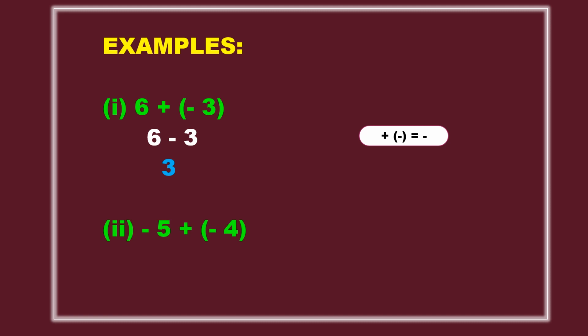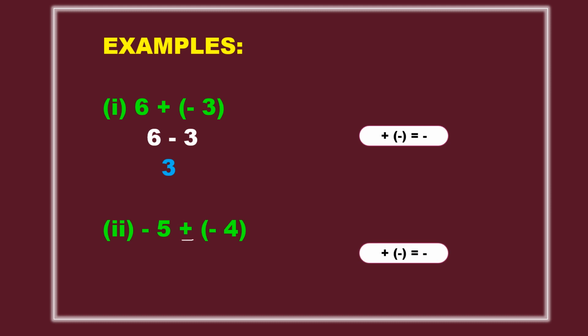Minus 5 plus of minus 4. Okay, again I am reading. See here: minus 5 plus of minus 4. So here we have the brackets in between the symbols. Whenever we have brackets between the symbols, we should follow the rule, that is plus into minus is minus.